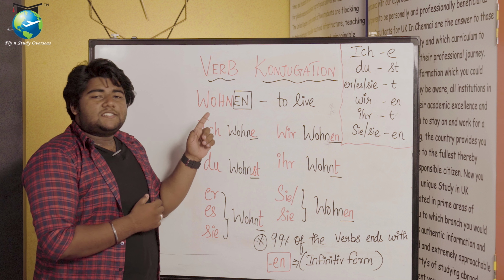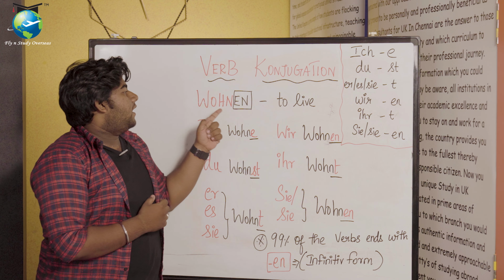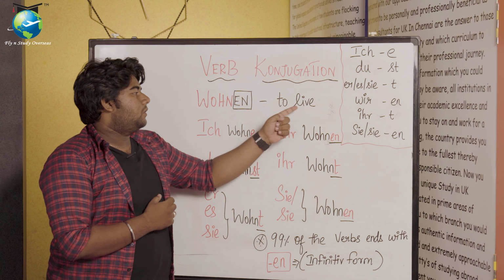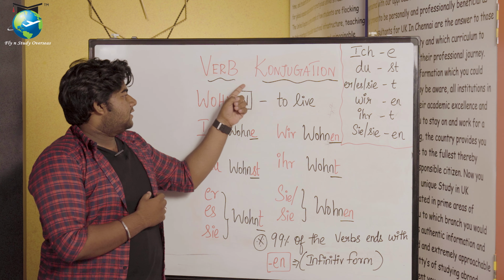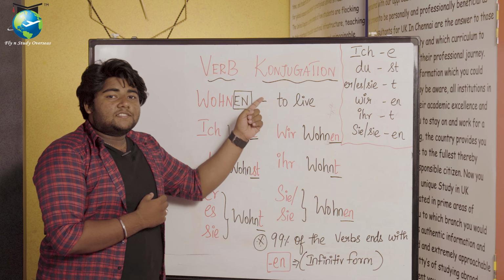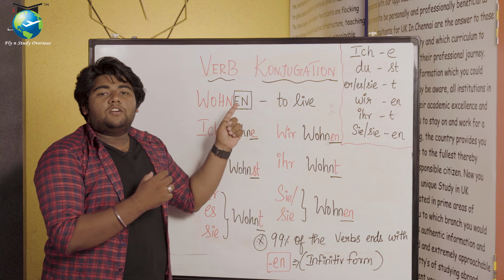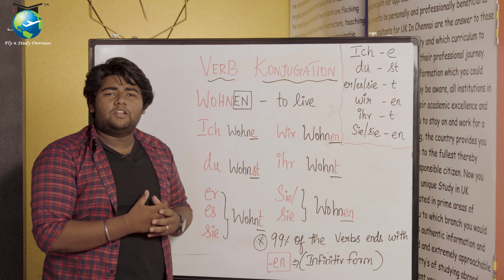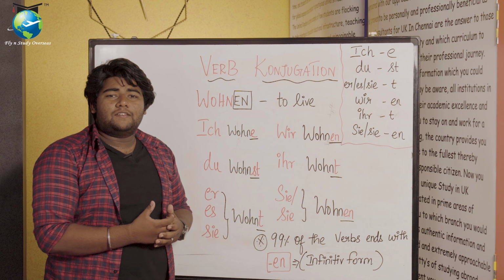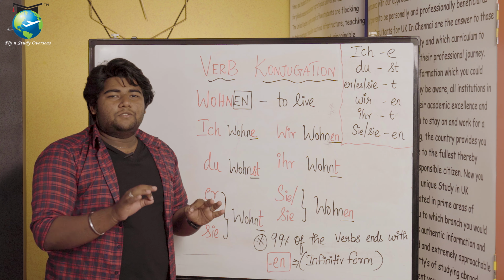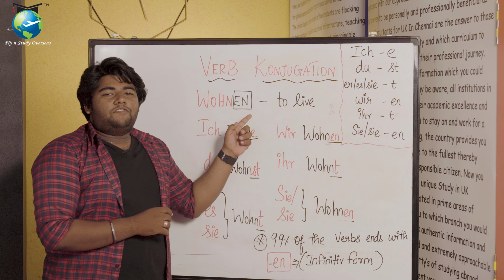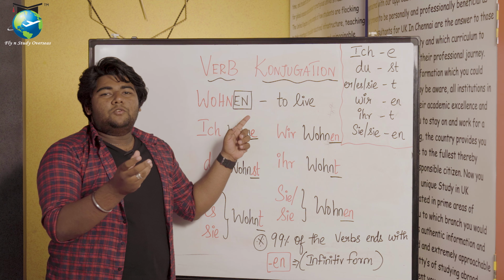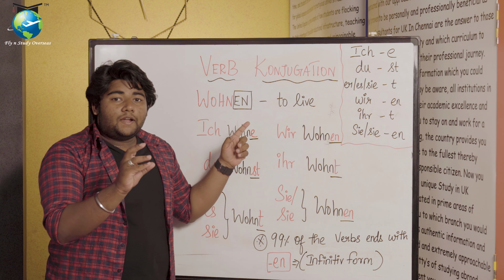Okay, so let's take an example verb, wohnen. Wohnen is to live. Can you see here, I've written the whole form with this en. This is called the infinitive form of the verb. You may have a doubt: what is an infinitive form? What is this new term? Very simple, you don't have to be confused.